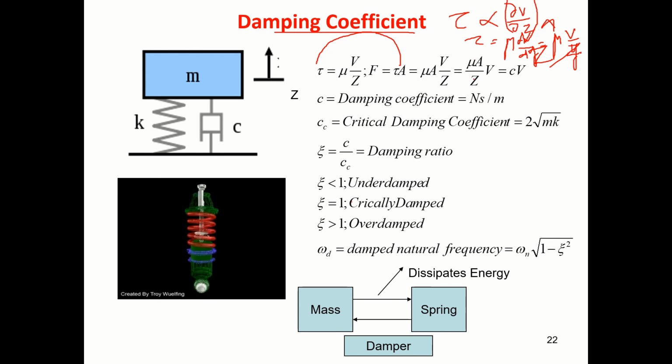So mu A by z times v. This mu A by z, let me call it c, the damping coefficient, into velocity. So damping force is damping coefficient times velocity. See, the damping coefficient's unit will now be Newton second per meter. Is that okay?